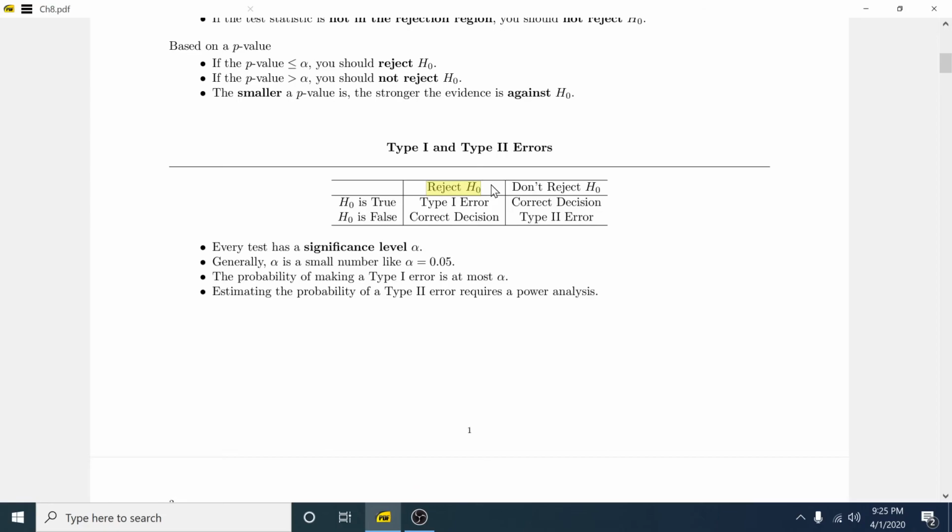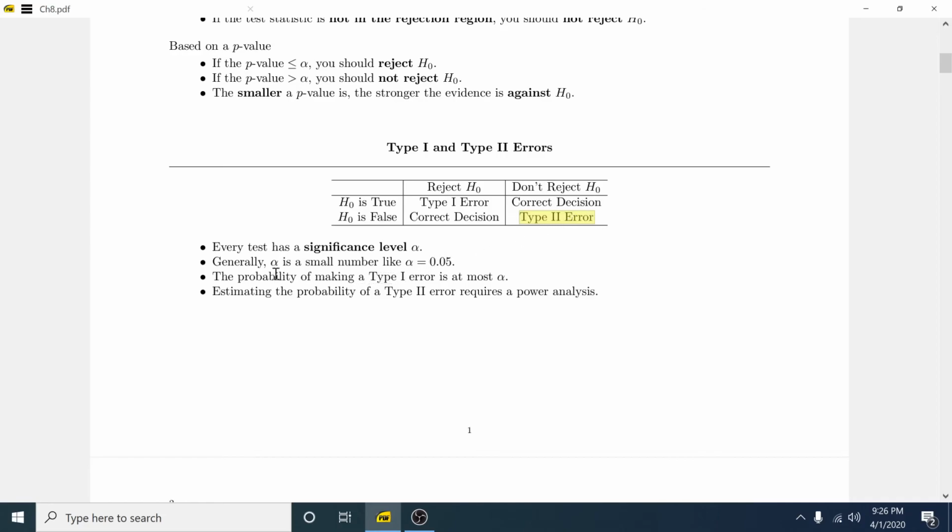Obviously, that's an error. If H naught is true, we don't want to reject H naught. So if we do that, that is an error, and it's called a type 1 error. So this is one of the types of errors we can make when we do a hypothesis test. The other type of error we can make is, whenever H naught is false, we can fail to reject H naught, and that will also be an error, which is a type 2 error.